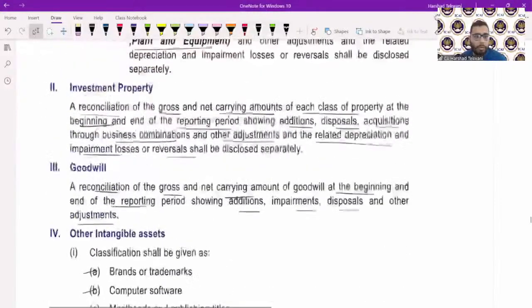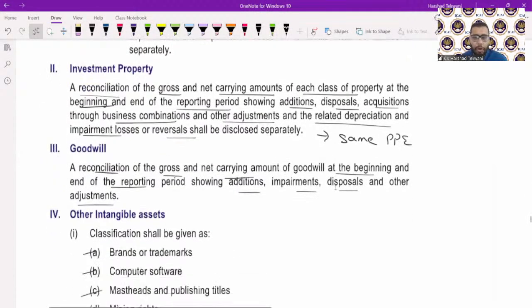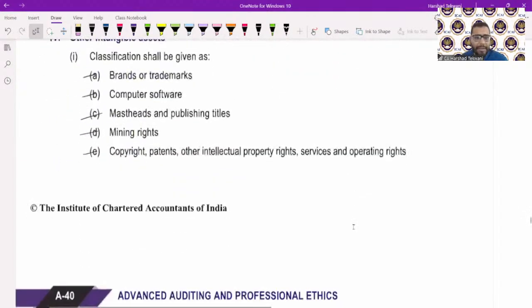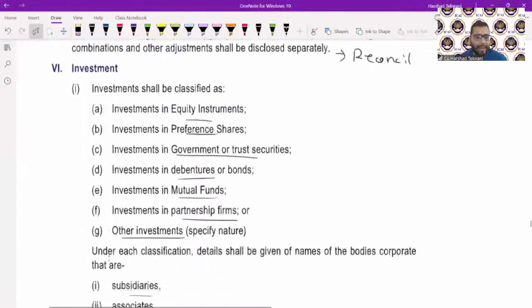So we saw investment properties same as PPE. Goodwill, again same reconciliation. Intangibles, these are the classification plus our reconciliation. Biological assets, reconciliation.